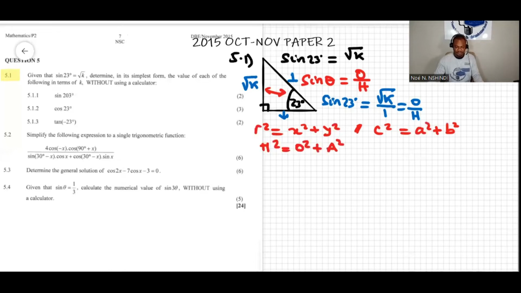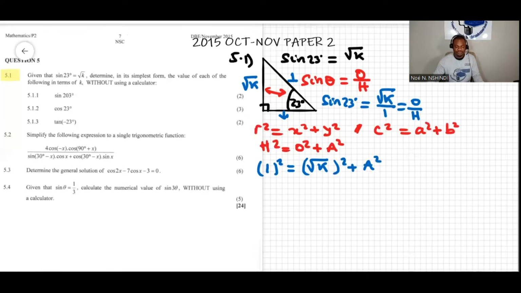They're all the same thing. So let's use h squared equals o squared plus a squared. The hypotenuse is 1, so 1 squared equals square root of k to the power of 2, plus a squared, the unknown adjacent side of the triangle.